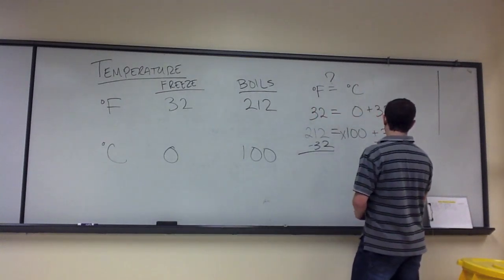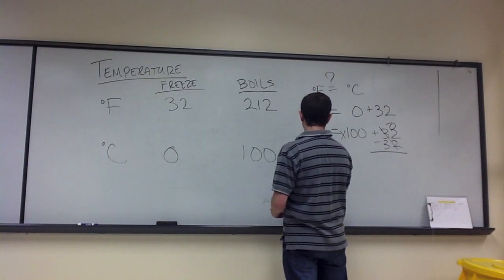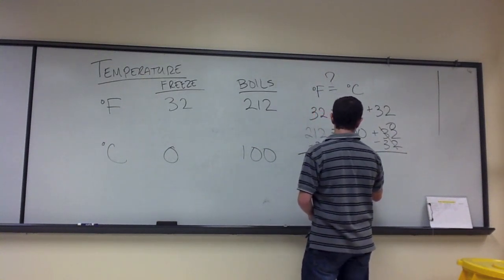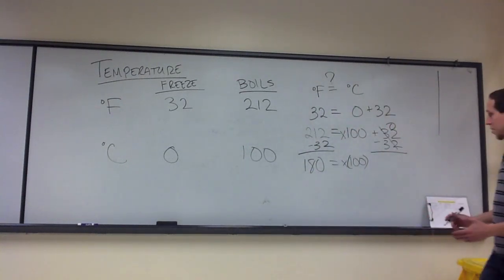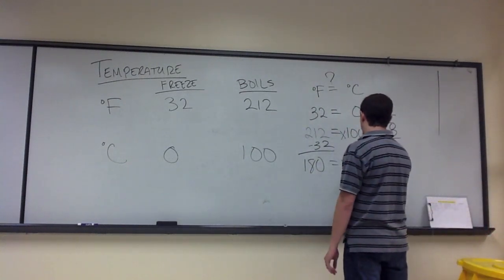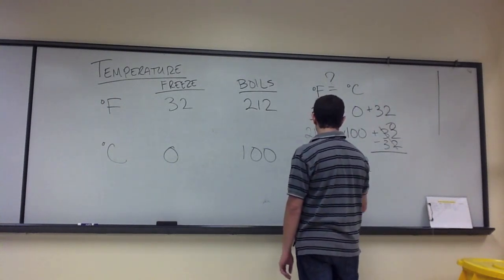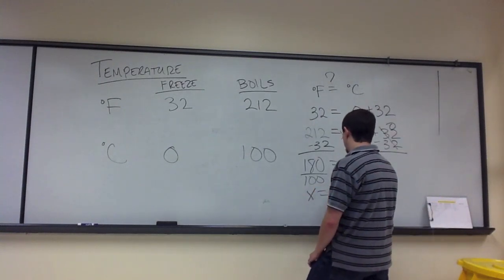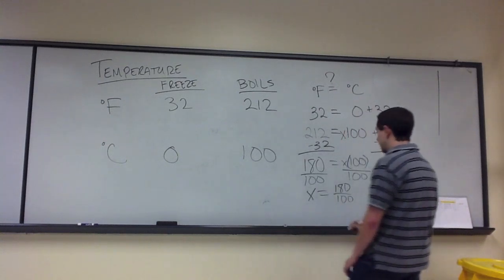When I do that, that goes to 0. This side is going to go to 180 equals x times 100. And now what I do to solve for x is divide by 100 on both sides. Okay? And that gives me that x equals 180 over 100.